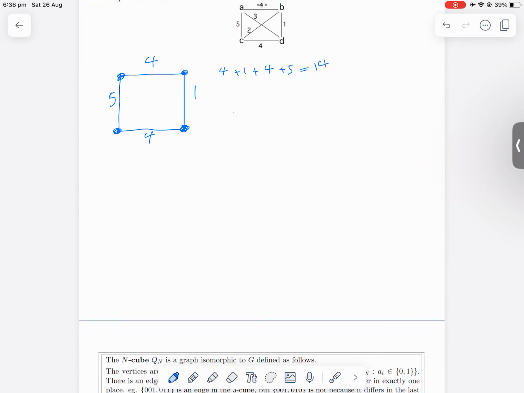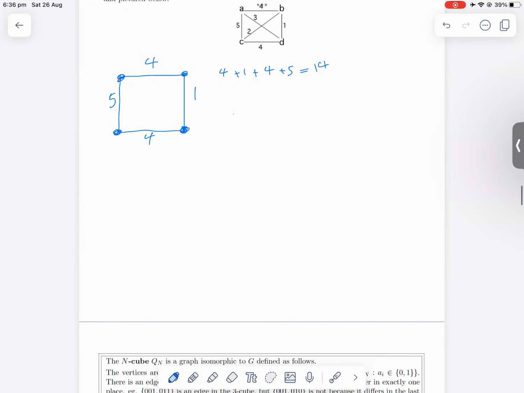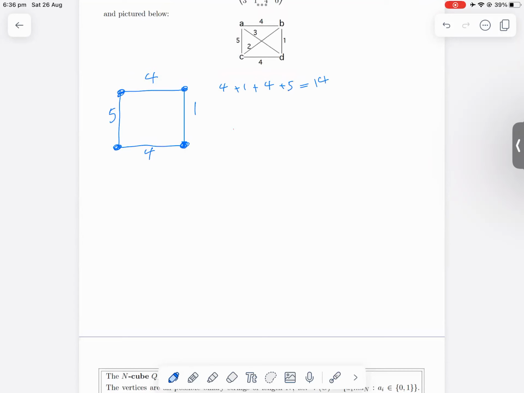Now the other one, so let's call this one A, B, D, C. The other one is A, so let's say D. Then maybe I can go here, B. Then I can come here.